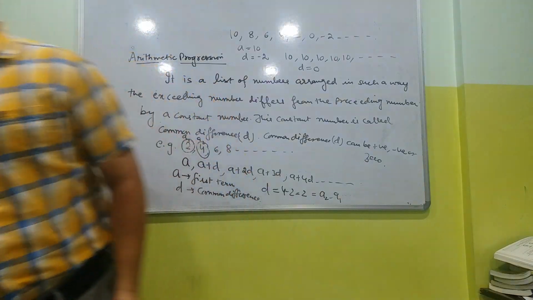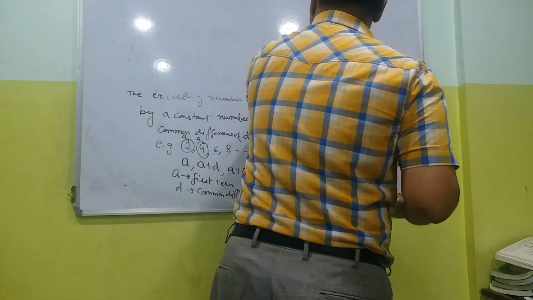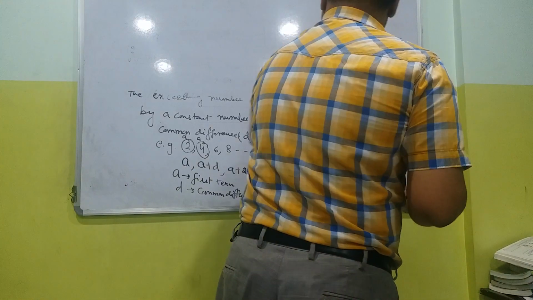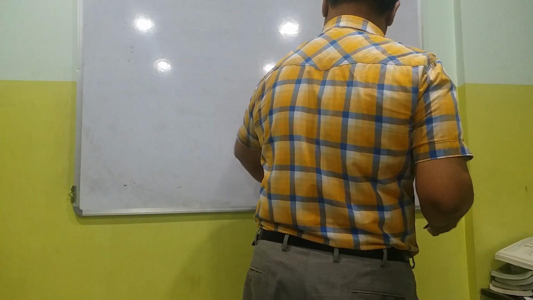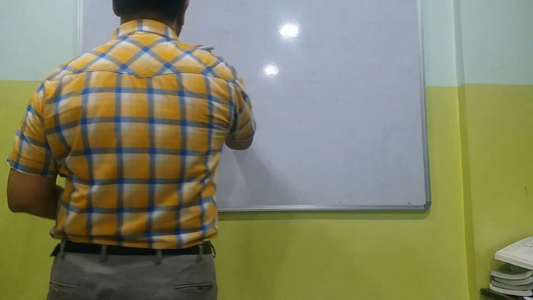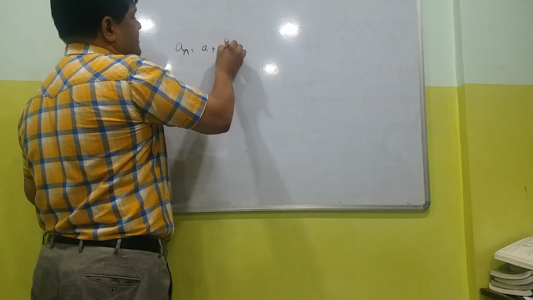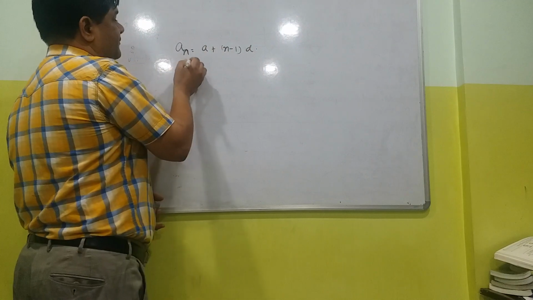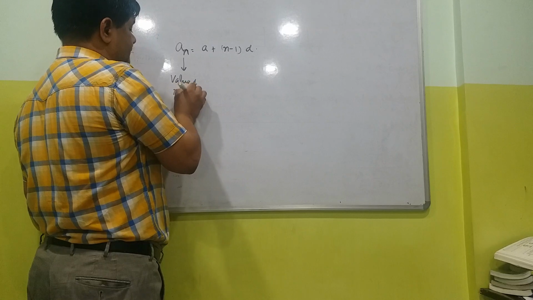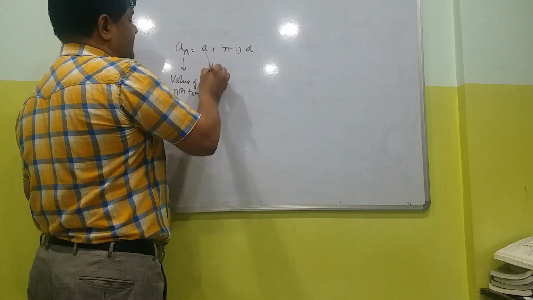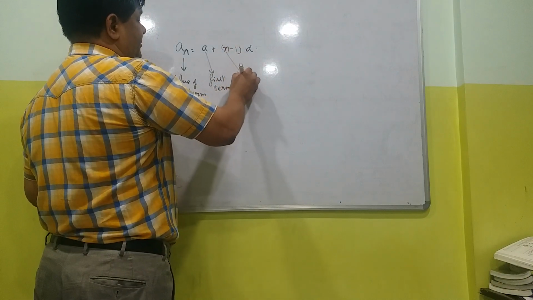Now we have the formula to calculate the nth term of an AP. For example, a_nth term, we have this formula: a_n = a + (n - 1) d. a_n is the value of nth term. a is the first term. n is the number of terms.